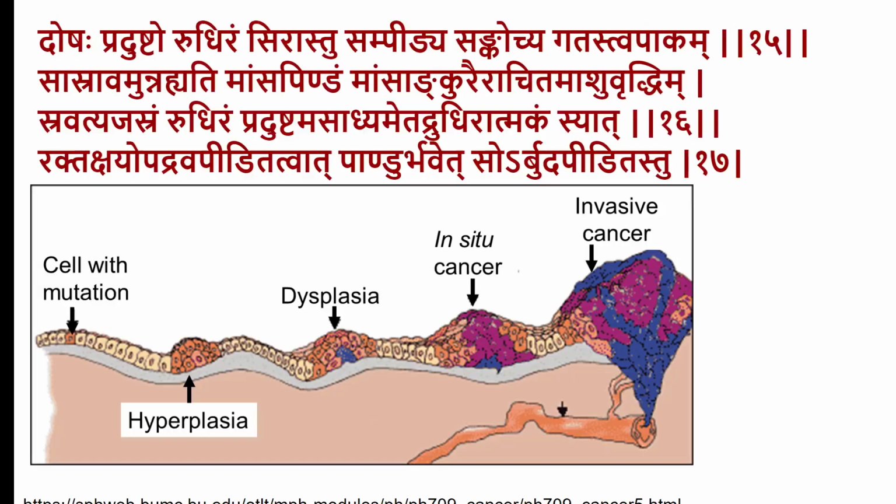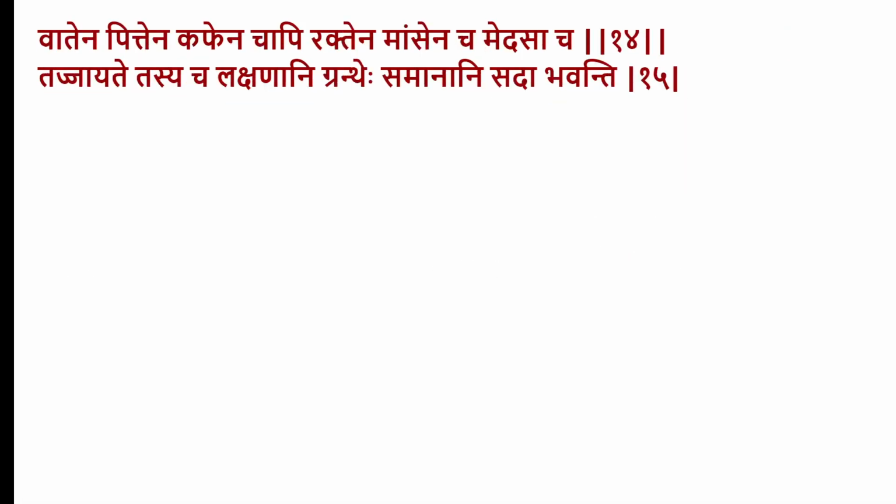Whereas Charaka has mentioned a situation where all the features of the arbuda and granthi are the same. Now I'll come to that part. Whenever Sushruta has mentioned this Samana Lakshana, Granthi Samana Lakshana, it is about Vataja, Pittaja, Kaphaja Granthi alone. Sushruta has not mentioned separate clinical symptoms of Vataja Arbuda, Pittaja Arbuda, Kaphaja Arbuda.